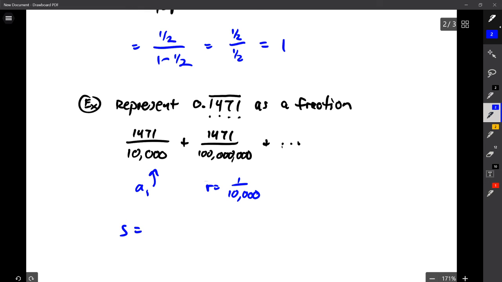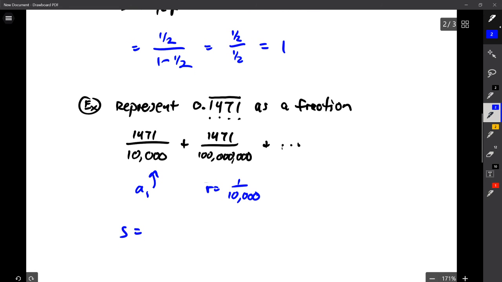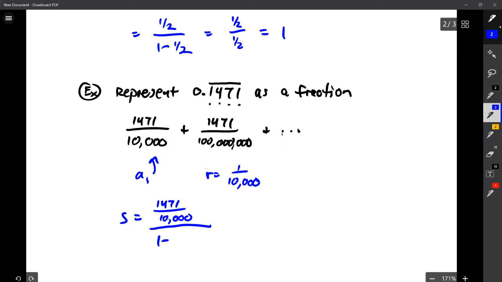So the sum is a sub 1, which is 1471 over 10,000, over 1 minus r, which is 1 over 10,000.